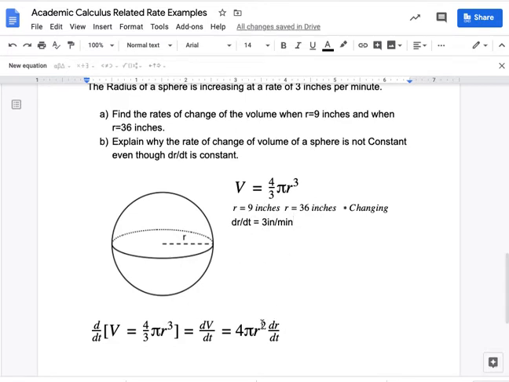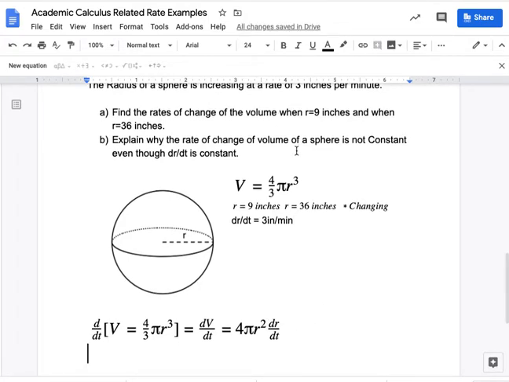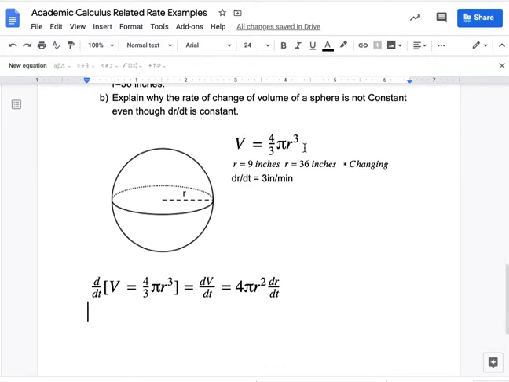So we have a dr/dt to plug in. We have a radius of 9 to plug in. We're going to simplify that and get a solution. This is a pretty simple related rate problem for us to complete.